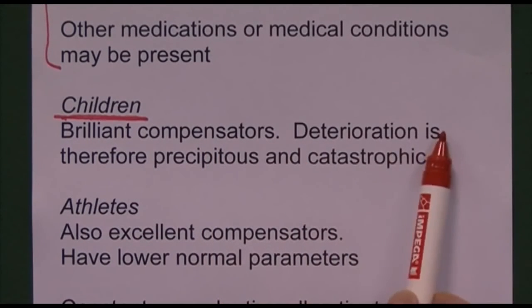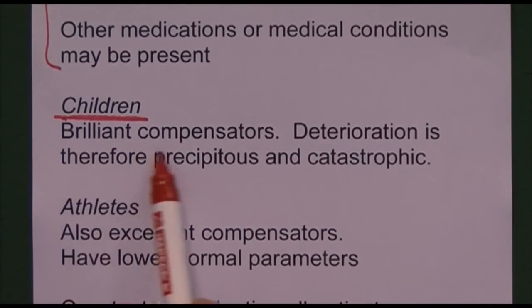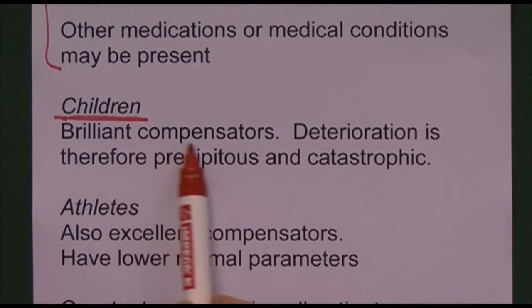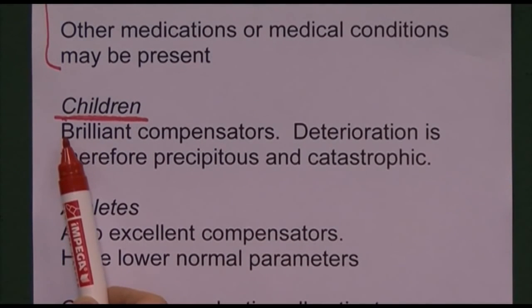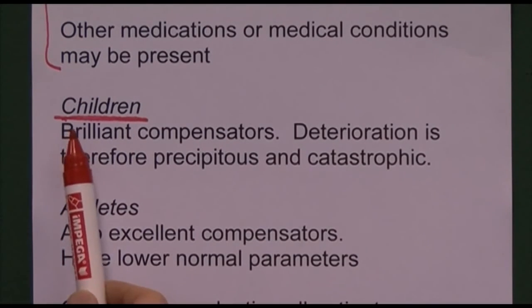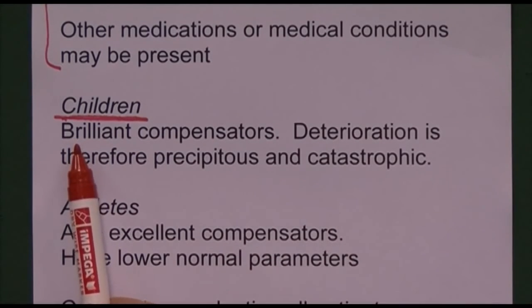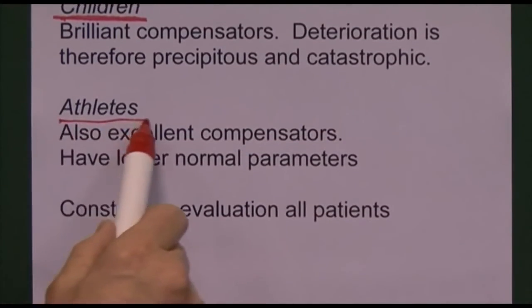So deterioration can be precipitous and catastrophic. So we need good observations of children's heart rates, we need to estimate their blood loss, we need to estimate their vasomotor constriction as they compensate, because their blood pressure will be maintained for a long time but then drop off quickly.